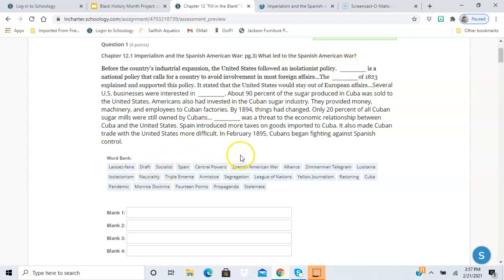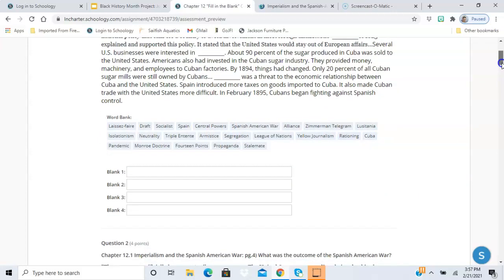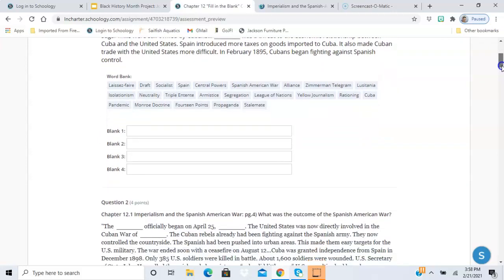Choose from this word bank. What is the second blank? Choose from this word bank. What is the third? Choose from this word bank. And what is the fourth? Choose from the word bank. So I'm not going to put in the answers, but that's what you would do for that question.